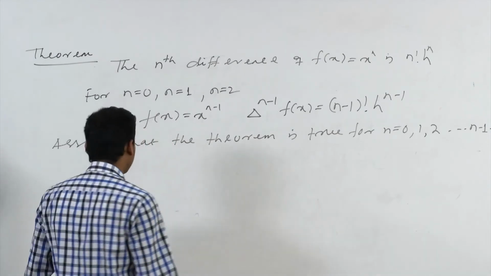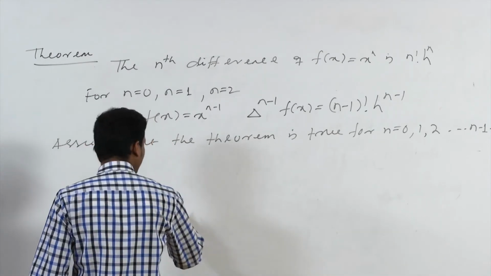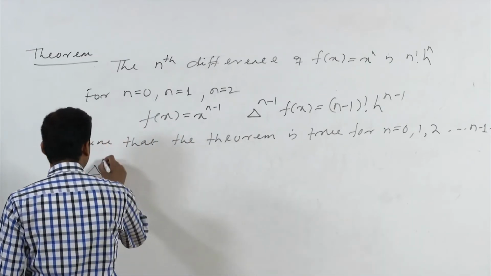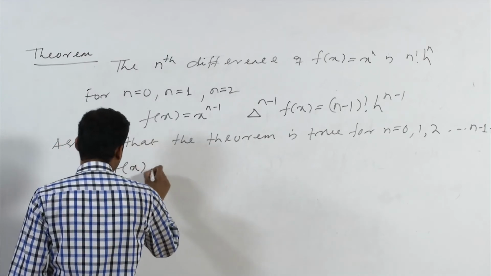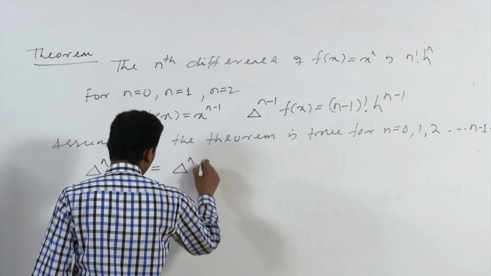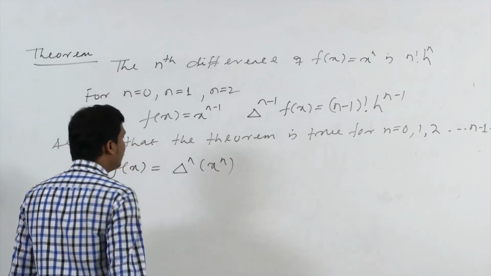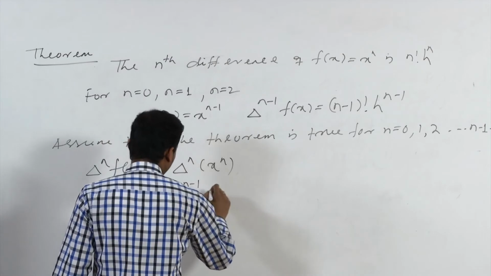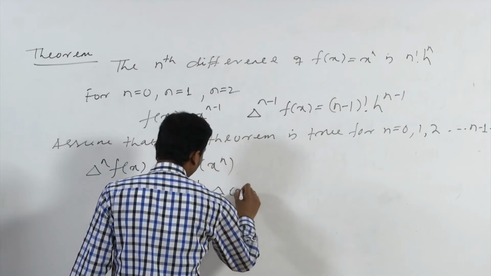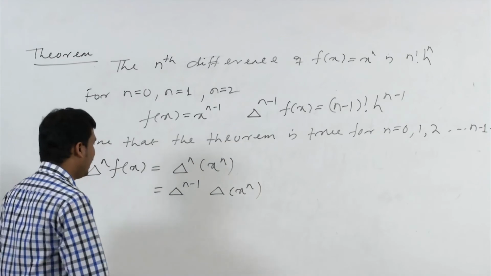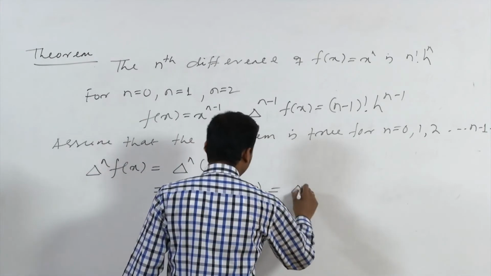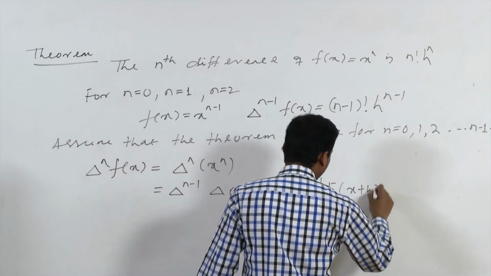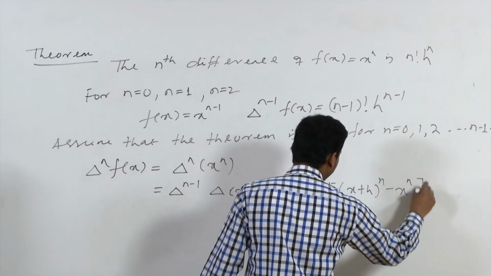So, if we assume that this theorem is true for 0, 1, 2 up to n minus 1, then for Δ to the power n of f of x, we can write Δ to the power n of x to the power n. We can express this as Δ to the power n minus 1 of Δ of x to the power n, and this can be written as Δ to the power n minus 1 of (x plus h) whole power n minus x to the power n.